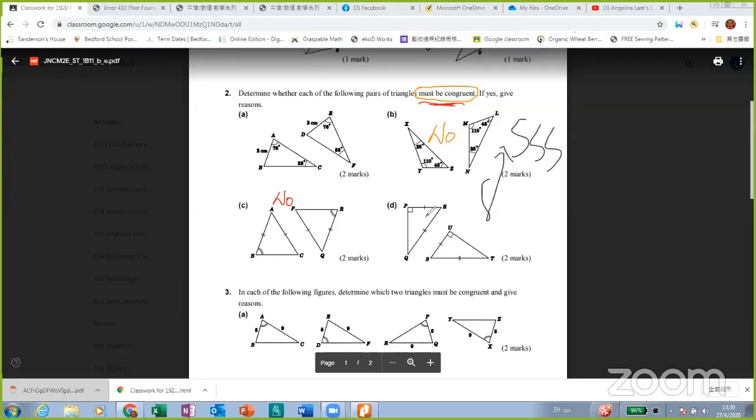Right. And then for this one, now it means you imagine if you want to draw the triangle. Let's see. I want to clear the drawing. No SSS here.